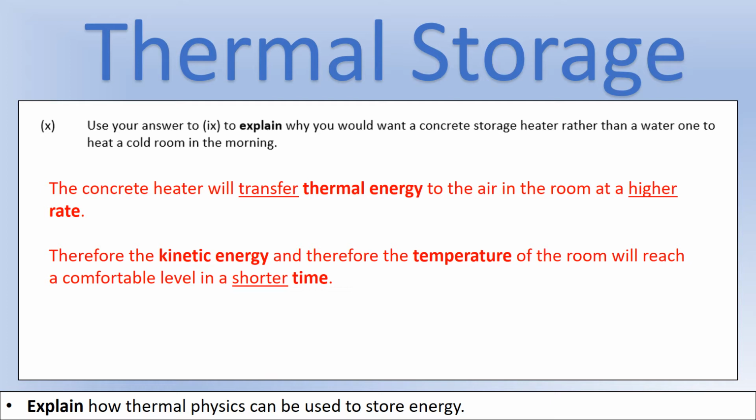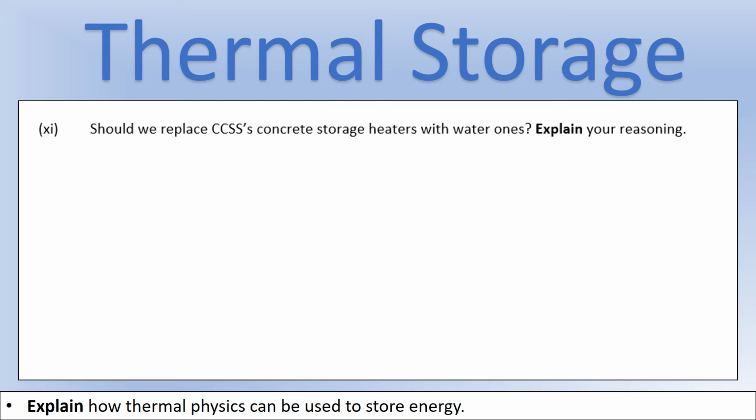And therefore the temperature of the room will reach the level that we're looking for in a shorter period of time if we transfer thermal energy at a higher rate. That's what we're looking for, and that's why we would want concrete rather than water in terms of thermal conductivity.